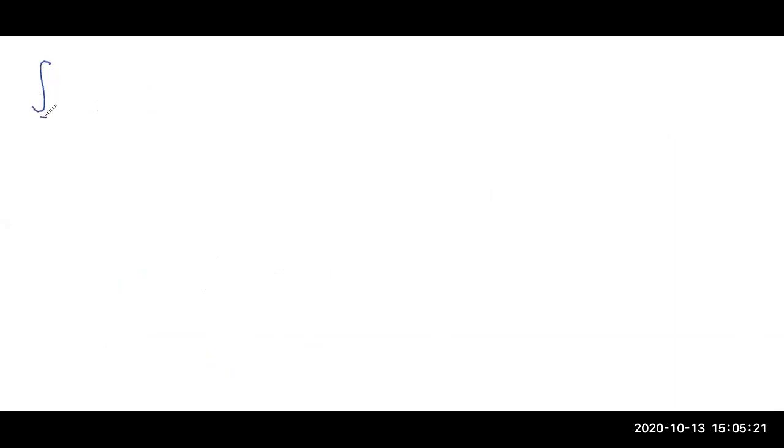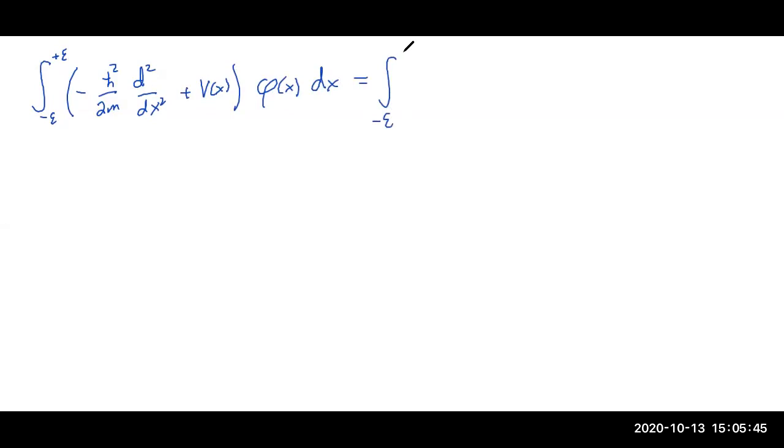So I'm looking at the integral from minus epsilon to plus epsilon of H, which I now know is minus h bar squared over 2m, second derivative with respect to x, plus V of x, which acts on phi of x dx. And this is equal to the integral from minus epsilon to plus epsilon of the energy times phi of x dx. All right, so I know we can split this up again into a couple more equations.